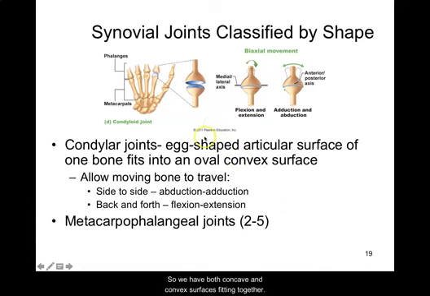Next up is a saddle joint. Saddle joints are hard to describe without using the word saddle. To me, this looks like a horseback rider sitting on a saddle. The official textbook definition describes each articulating surface as having both concave and convex surfaces. So you want to think about that.